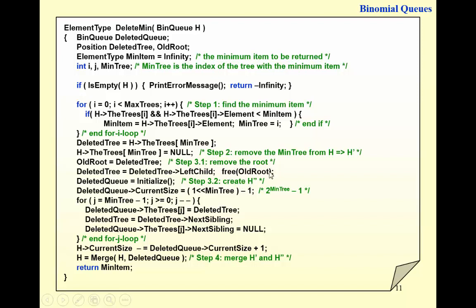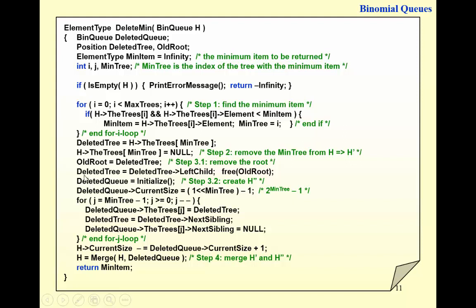This is how we remove the root. Before we remove the root, let old root point to the deleted tree, and then deleted tree is moved down to its left child. Now deleted tree points to its first child.